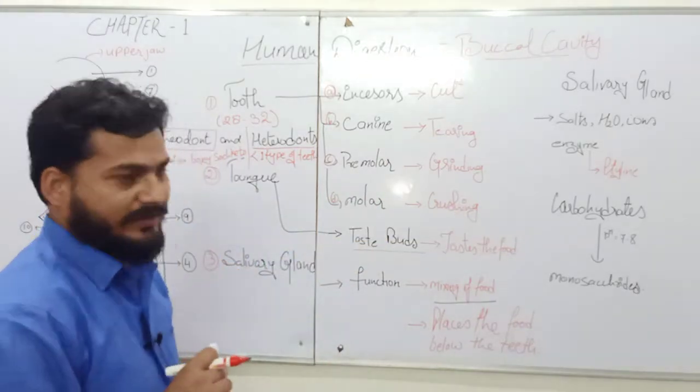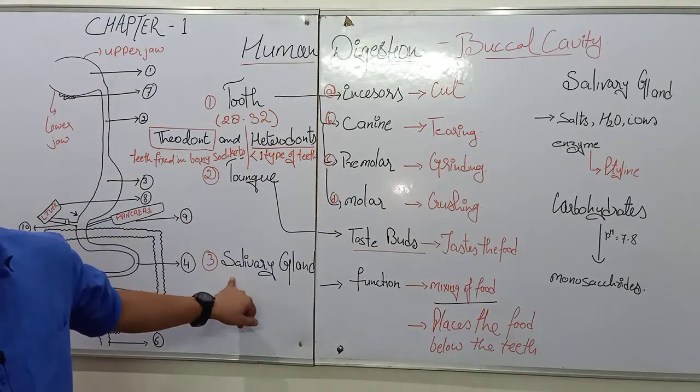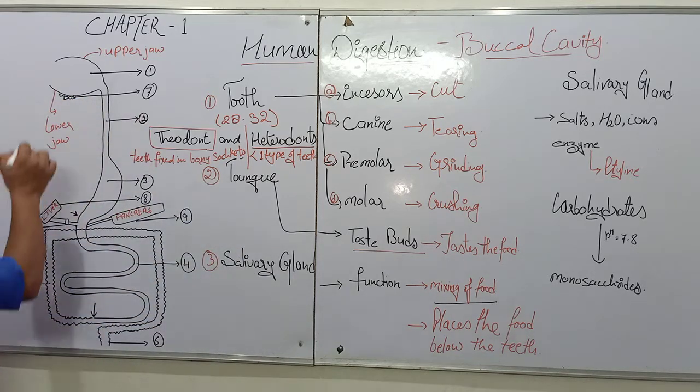so that it can be ground and crushed in a better way. Then the third component of our buccal cavity is the salivary glands.